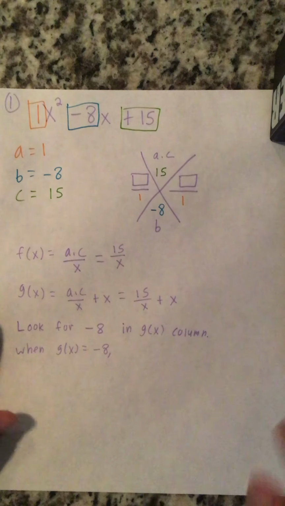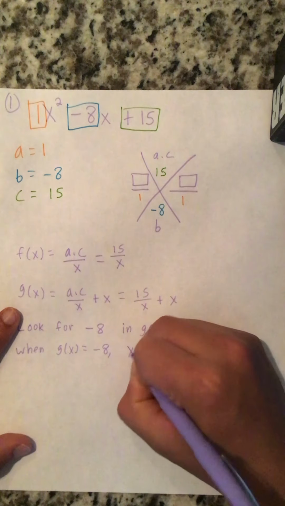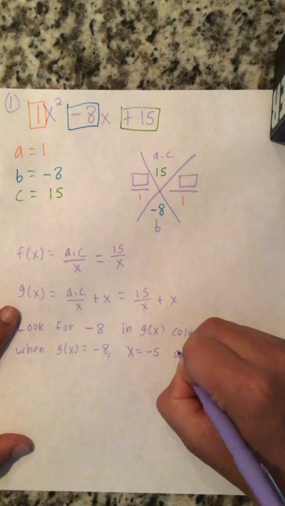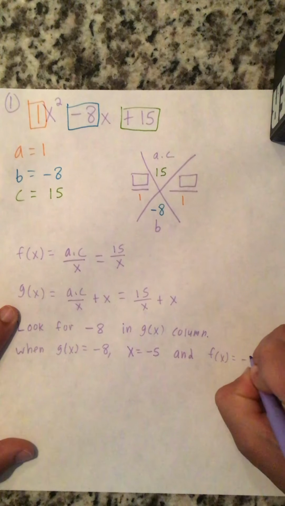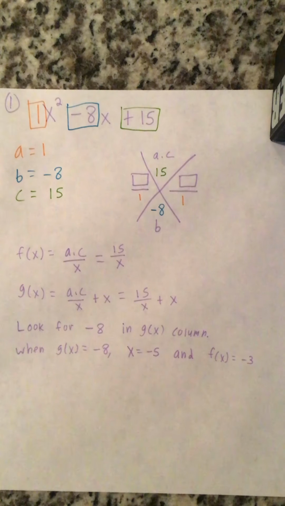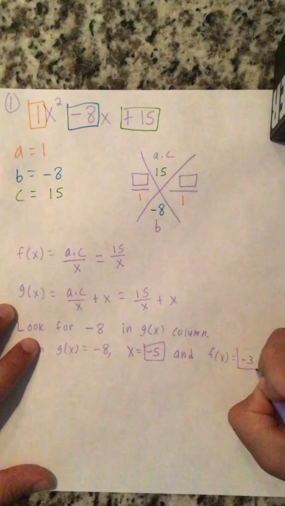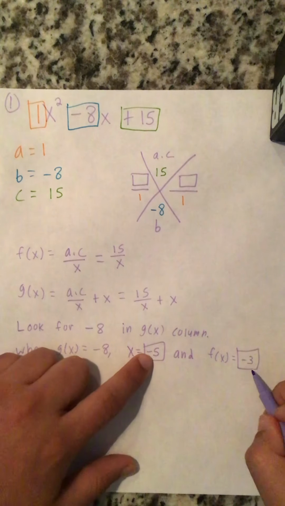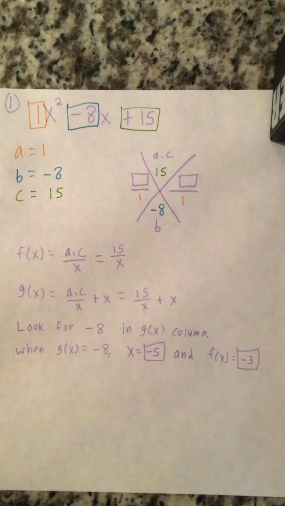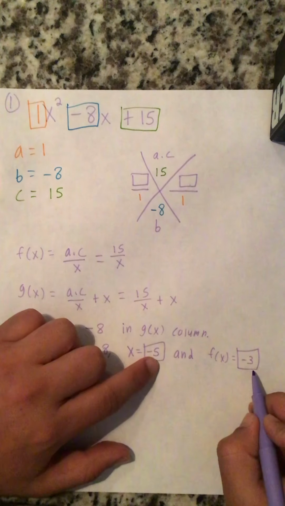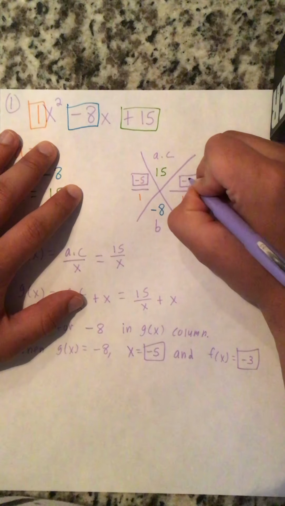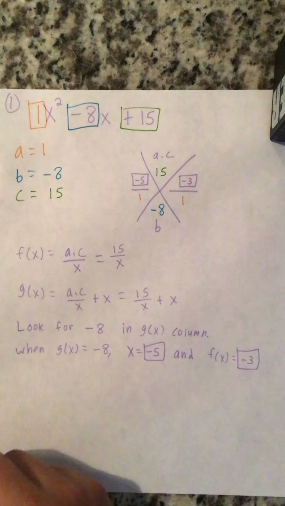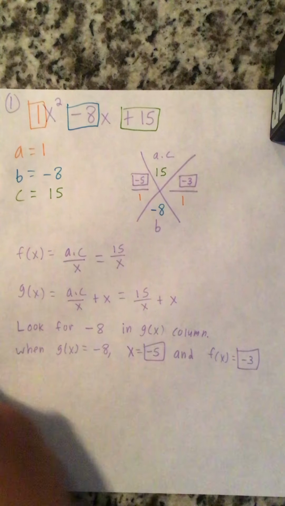Those 2 numbers are what's going to go in these 2 boxes. So I'm going to move these 2 up here: -5, -3. And that's really all for that step.